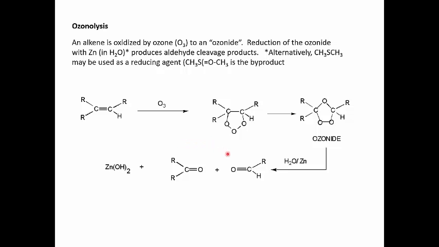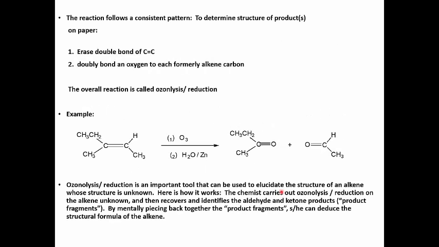Interestingly, the process we're going to use here is a two-step process. The two steps are the same two steps that we employed when we did steps 1, 2, 3 for that hot KMnO4 reaction. And that's how you can come up with the correct structure of the products. Let's summarize this in the next slide.